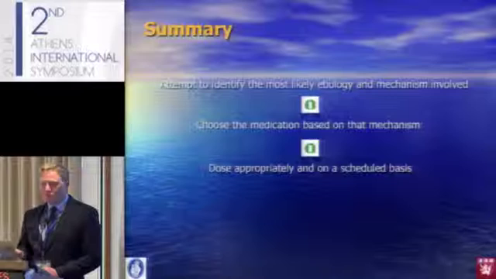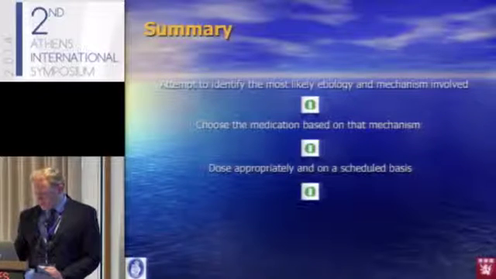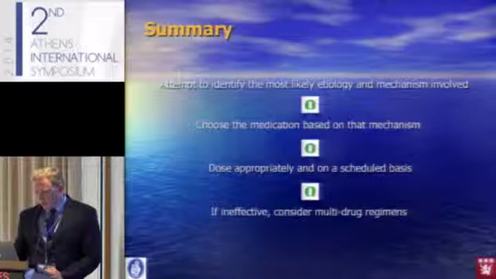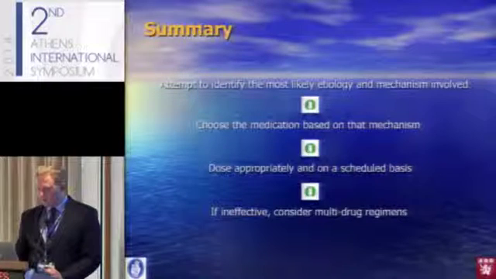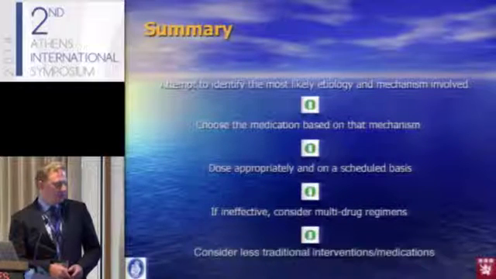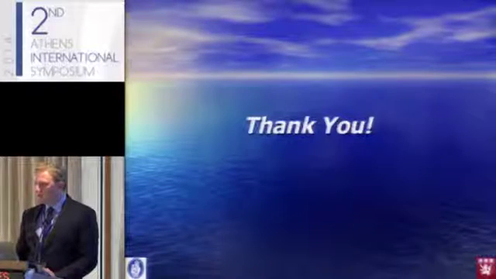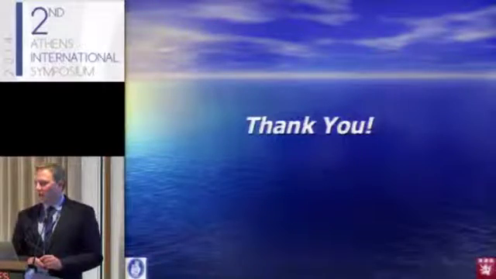And then dose it appropriately, usually on a scheduled basis. And if ineffective, you can consider multi-drug regimens, which is common, for example, for cancer patients. And then finally, you can consider less traditional interventions and medications as well. Ευχαριστώ. I'm happy to answer any questions you have.